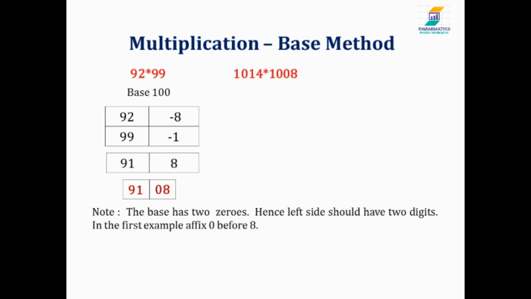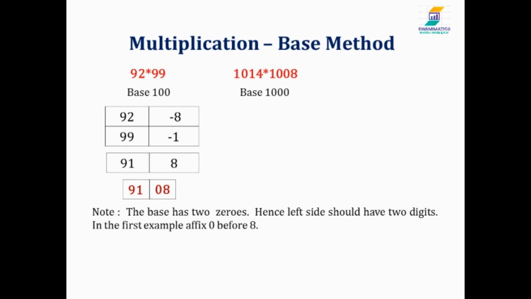Right. Let's take one more example. Now I have taken 4-digit numbers, 1014 and 1008. Since they are 4-digit numbers, your base is 1000. If it is a 3-digit number close to 1000, then also it is going to be 1000.